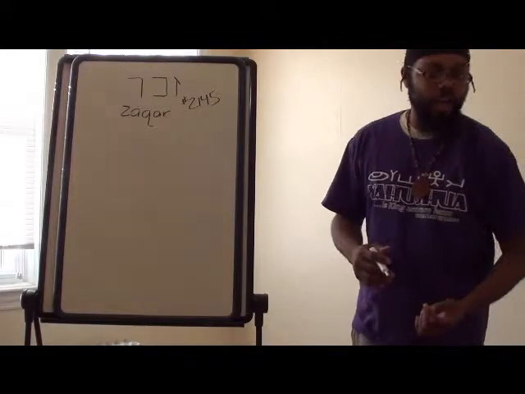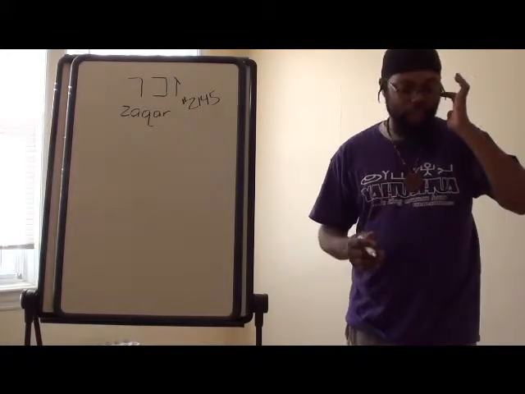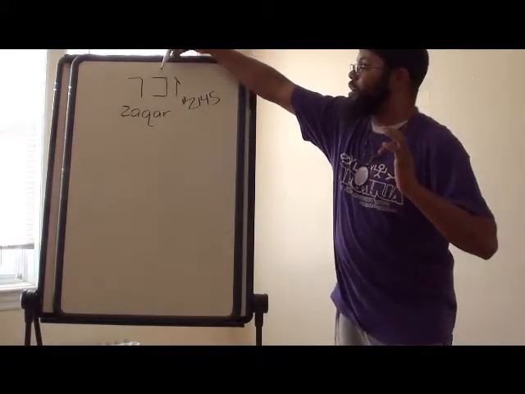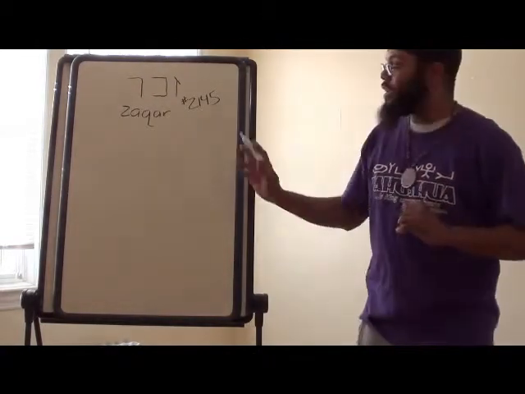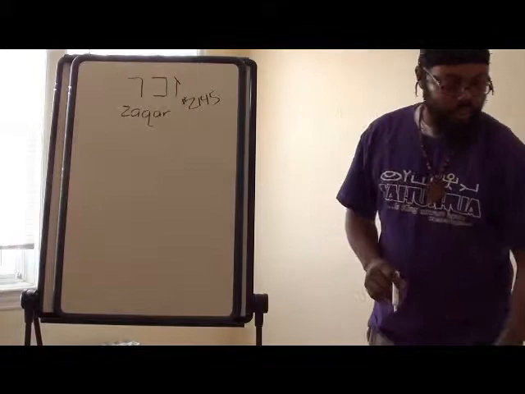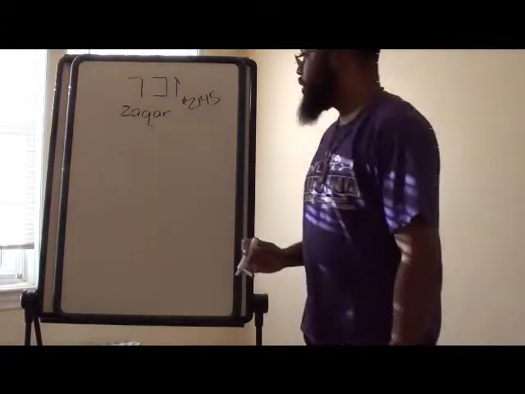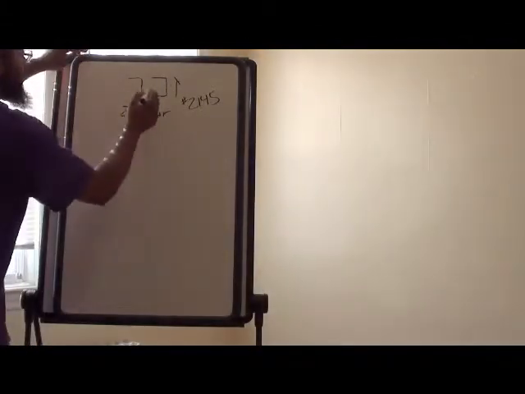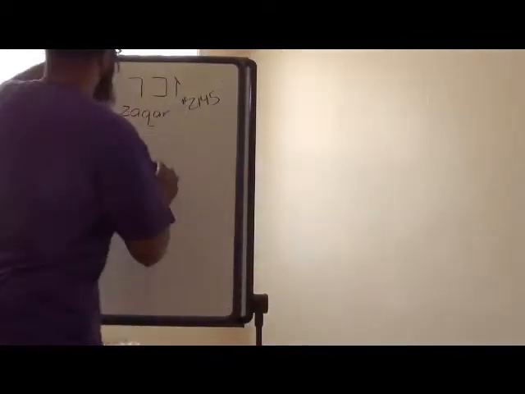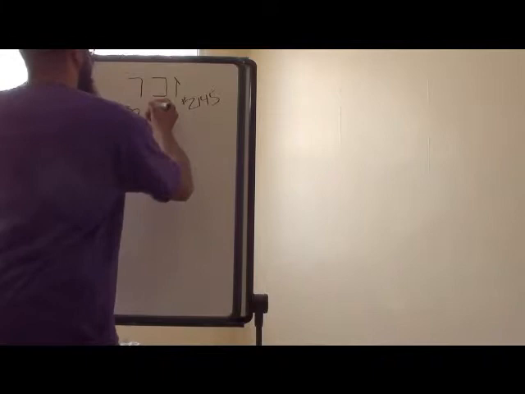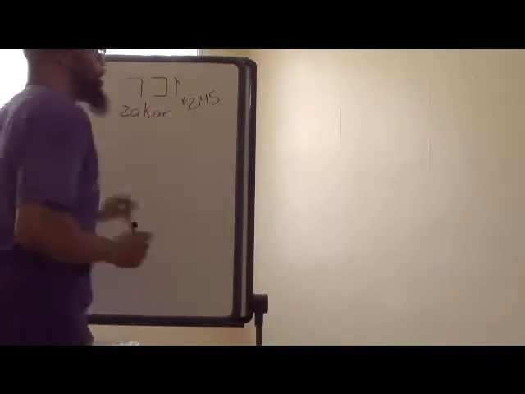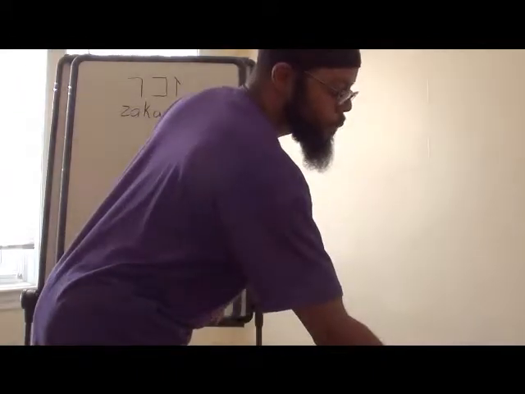I believe the number we looked at was number 2142 the last time. But it's still zayin, kaf, resh. Okay? And zakar. Right? Now, the parent root, as we discussed, sorry, I wrote the wrong letter up there, my apologies. It shouldn't be the kuf, it should be zakar, with the kaf, or the chaf.